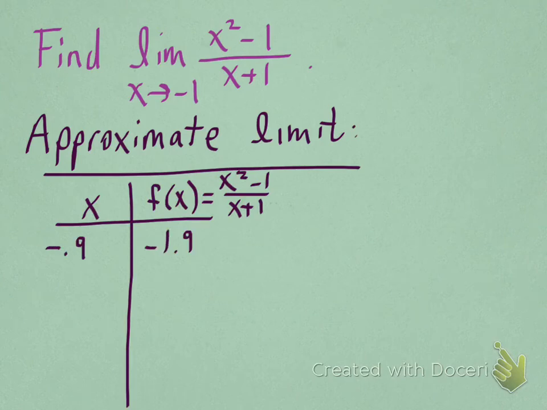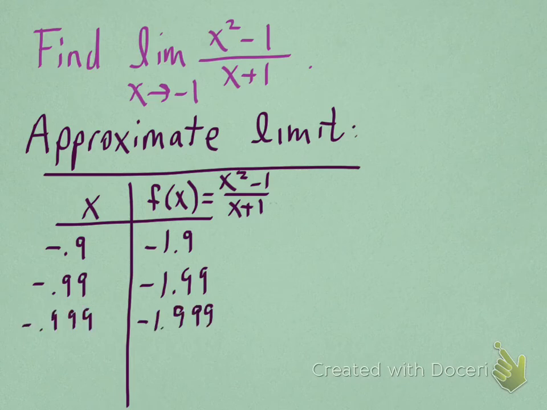So let's let x be negative 0.9, and then f of x is negative 1.9. If x is negative 0.99, f of x is negative 1.99. If x is negative 0.999, f of x is negative 1.999. If x is slightly smaller than negative 1, like say negative 1.1, then f is negative 2.1.